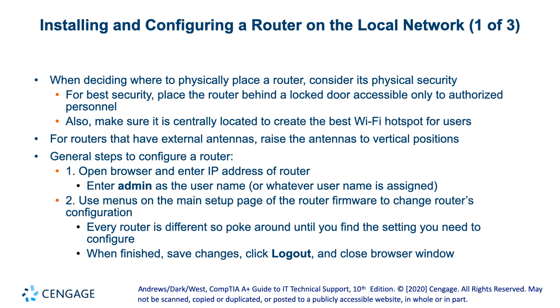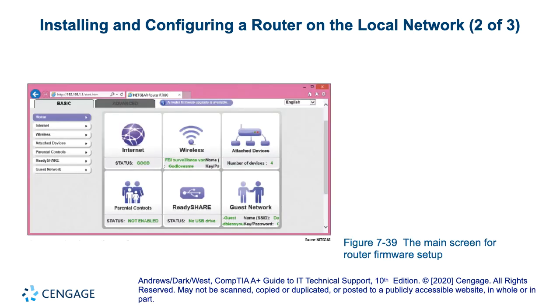Right. So here's an example of a typical SOHO router configuration page. You can see up there it went to the 192.168.1.1 IP address, which is probably typical. It's usually 192.168.1.1 or 192.168.1.254.